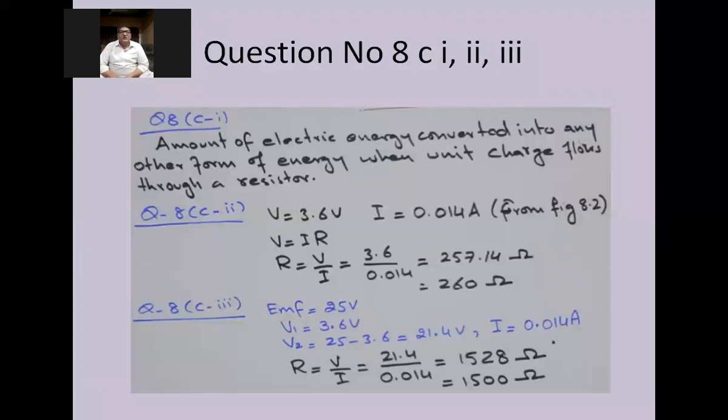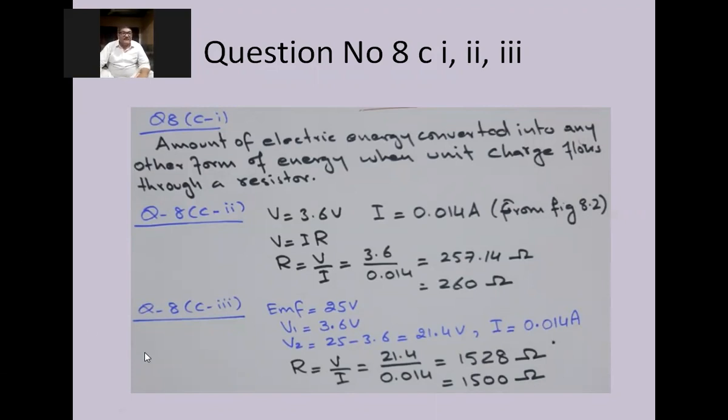The current flowing through the fixed resistor will also be 0.014 ampere. So you can apply the formula V is equal to IR, R is equal to V divided by I. 21.4 divided by 0.014, and the answer will be 1528 ohm. If I round it off to two significant figures, it will be 1500 ohm.